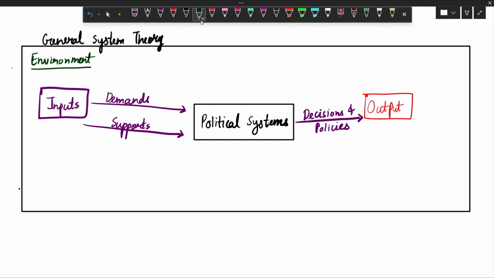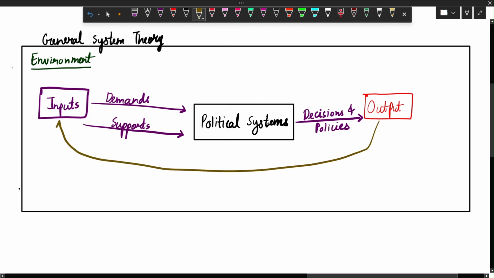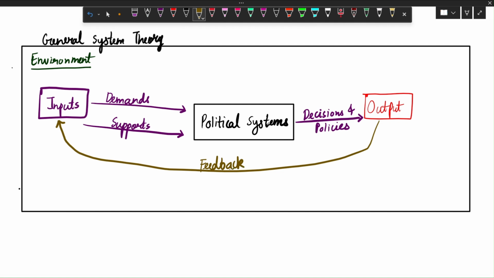These outputs are then analyzed and measured with respect to how they affect the people, the institution, or the system. Later, after the analysis is done, from the output we get feedback, and that feedback is used again in the inputs.